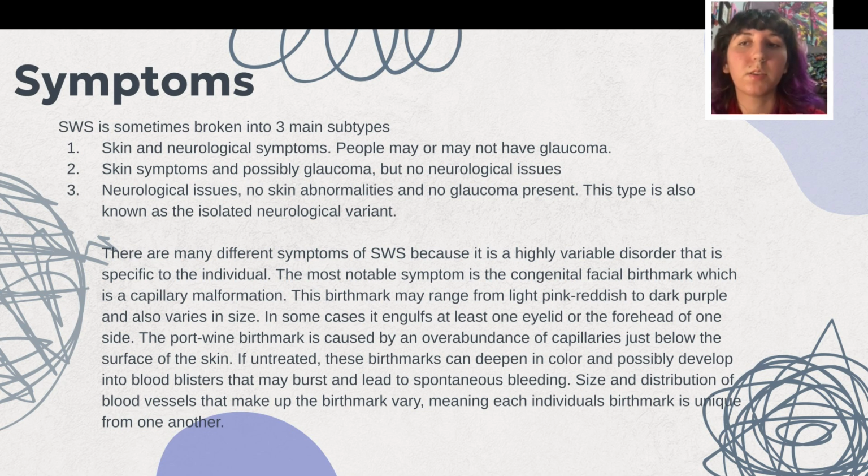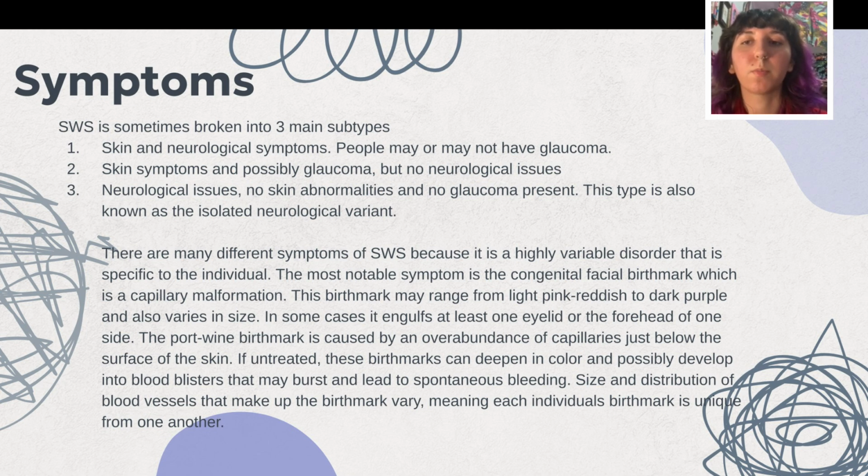There are many different symptoms of Sturge-Weber syndrome because it is a highly variable disorder that is specific to the individual. The most notable symptom is the congenital facial birthmark, which is caused by a capillary malformation. This birthmark may range from light pink reddish to dark purple and also varies in size. In some cases, it engulfs at least one eyelid or the forehead of one side.